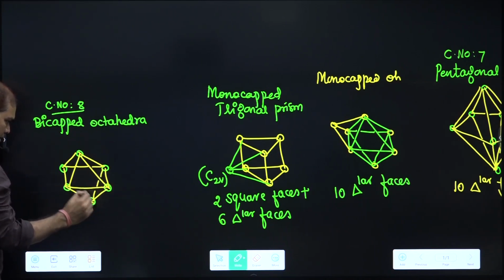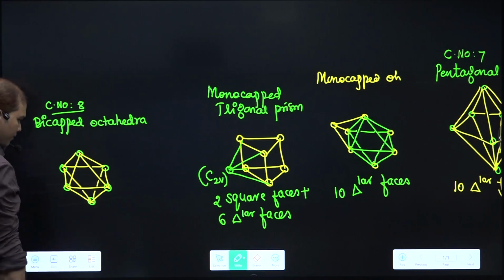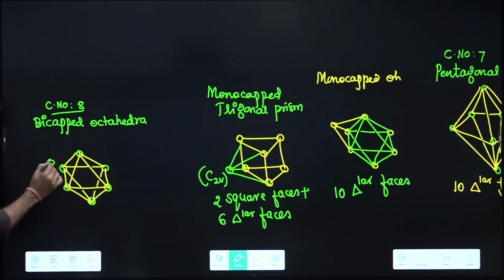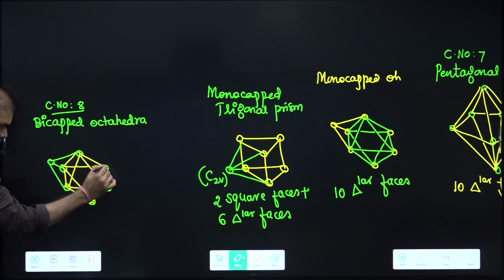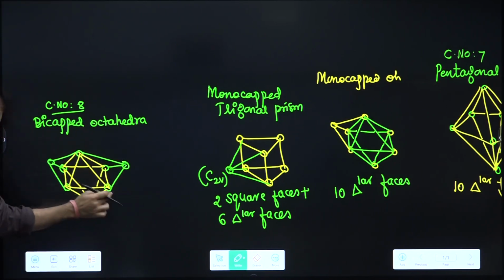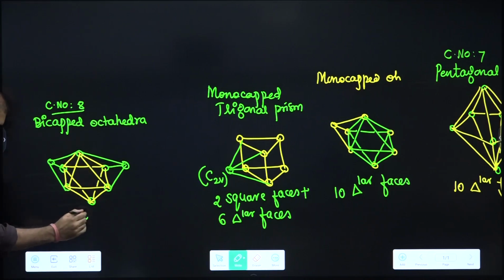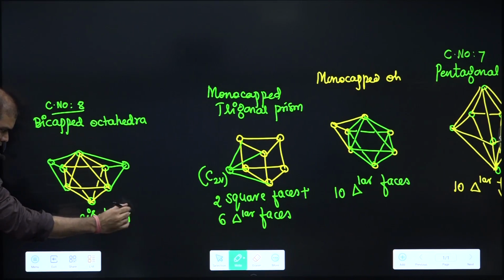Where will you put the 2 caps? Either you can put side by side or you can put opposite. If you put side by side, we call it cis bicapped. If you put opposite, we call it trans bicapped.